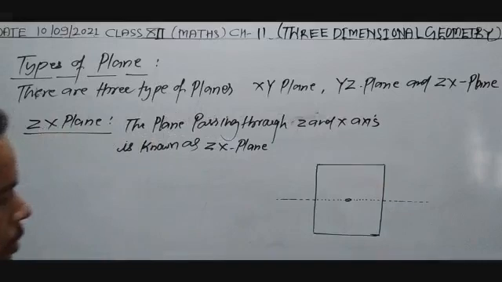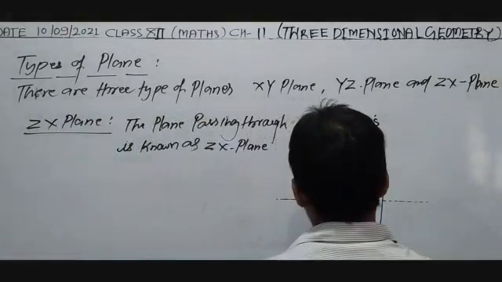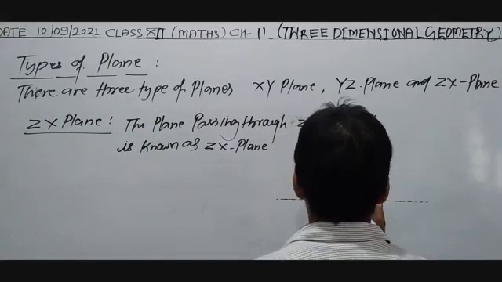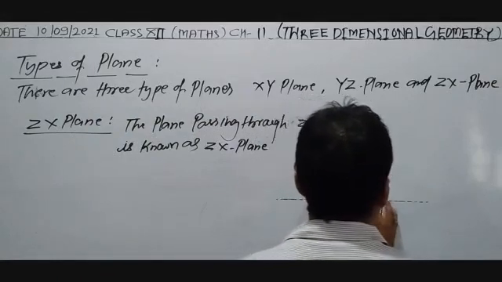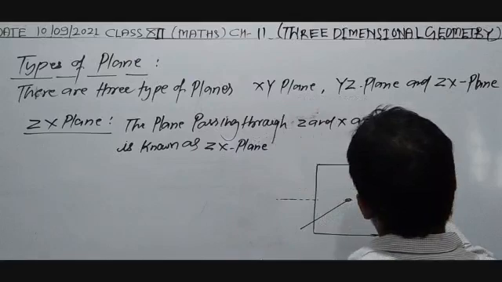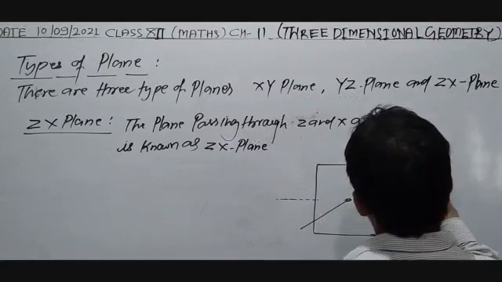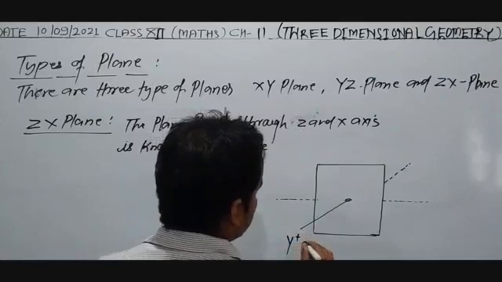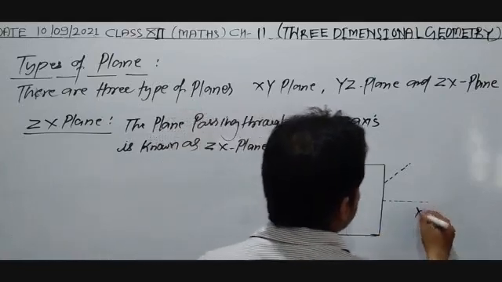ZX plane is parallel to the board. Now this is the point of y. This is y axis. This is x axis.